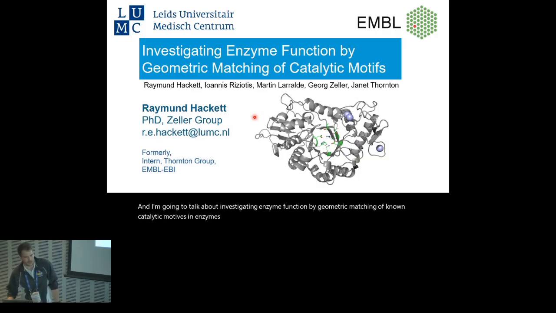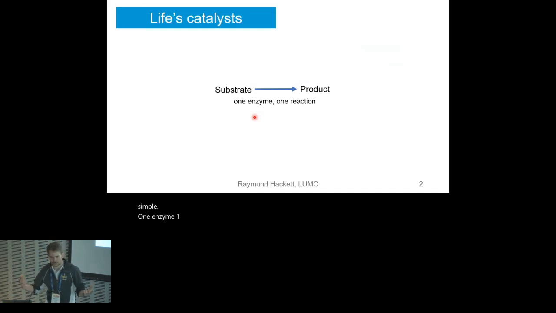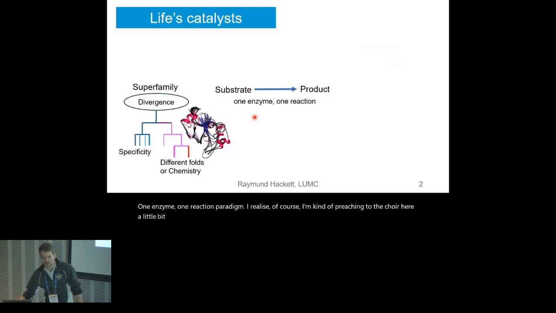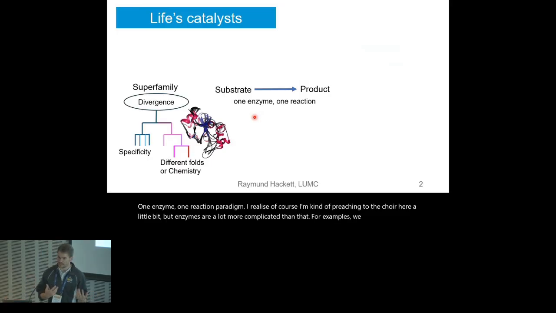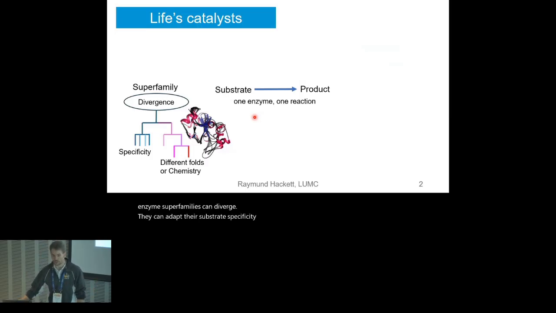So when we investigate enzymes, it's really as simple as the one enzyme, one reaction paradigm. I realize, of course, I'm kind of preaching to the choir here a little bit, but enzymes are a lot more complicated than that. For example, we know that big enzyme superfamilies can diverge. They can adapt their substrate specificity profile, and some enzymes are actually quite promiscuous.